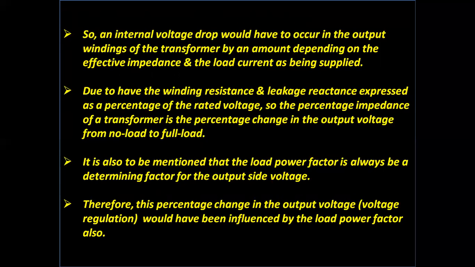With the winding resistance and leakage reactance expressed as a percentage of the rated voltage, the percentage impedance of a transformer is the percentage change in the output voltage from no load to full load.